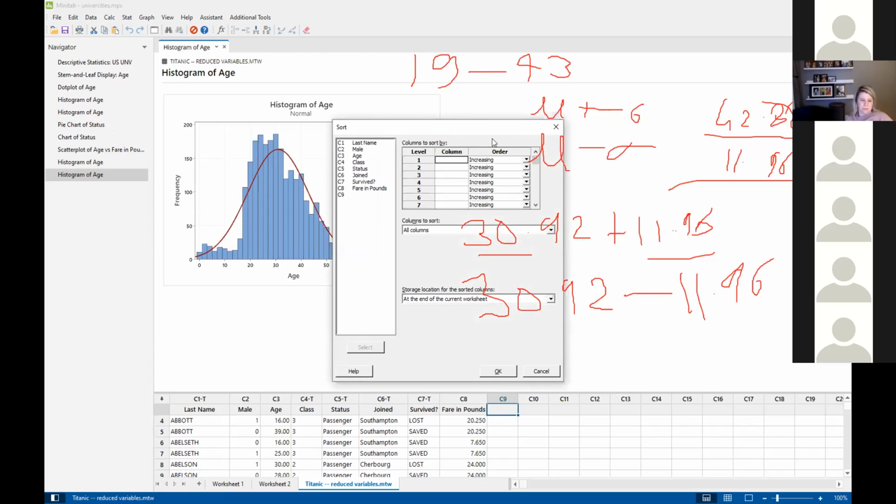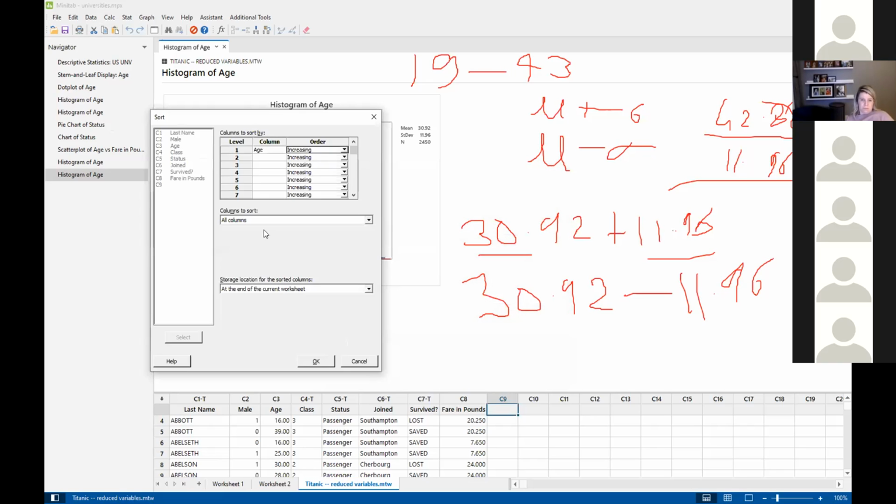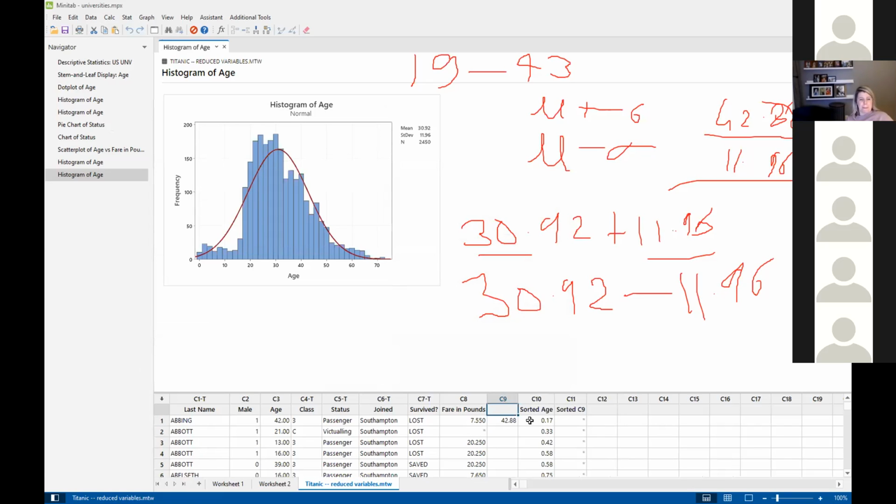I can do the age and all columns, specified column, increasing order, and column C9. Okay, so this is sorted age, if you can see. So this is sorted age. Okay, it did the calculation here, 42.8.